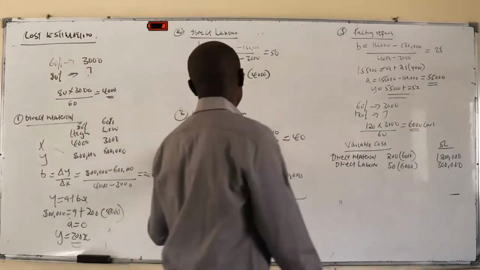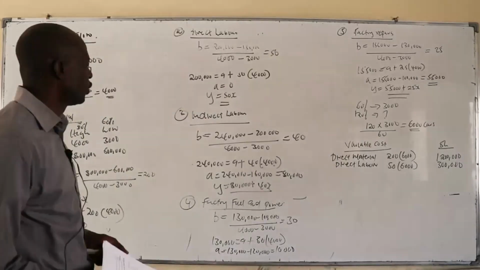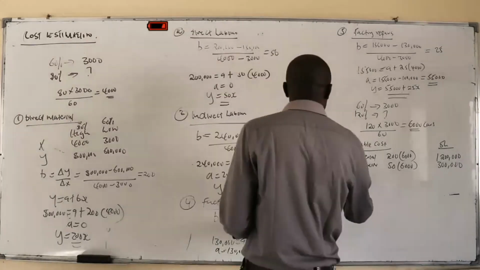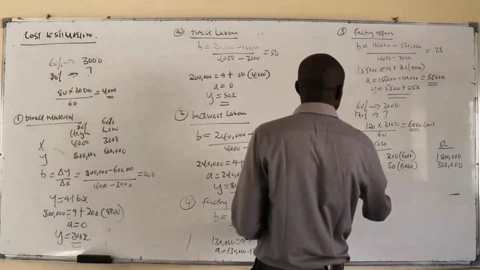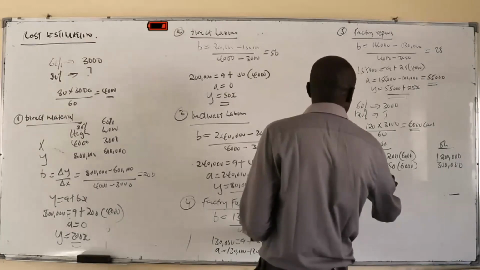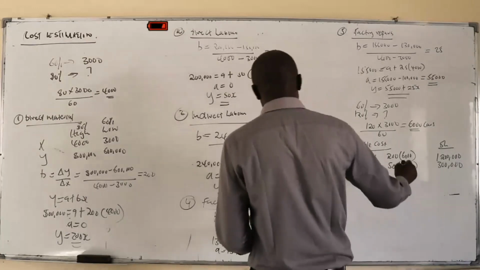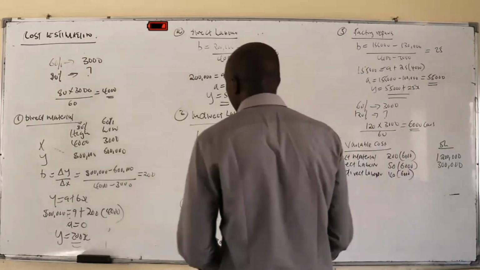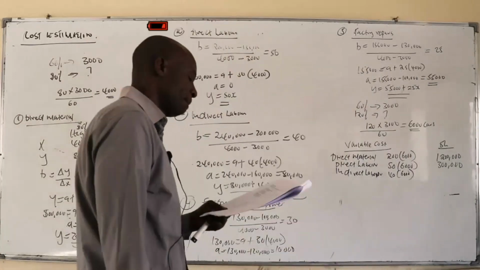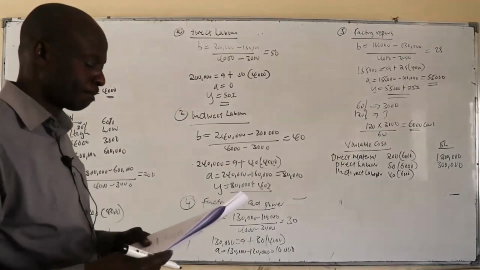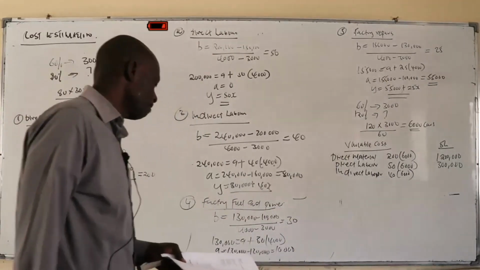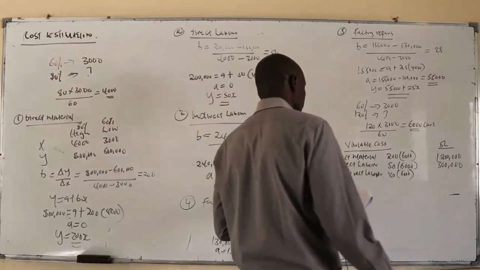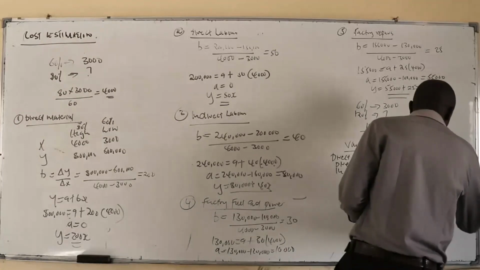And then we go to indirect labor. Indirect labor has both fixed and variable component. So indirect labor here, we take the variable component, which is 40. You multiply by 6,000. What do you get? 240,000.